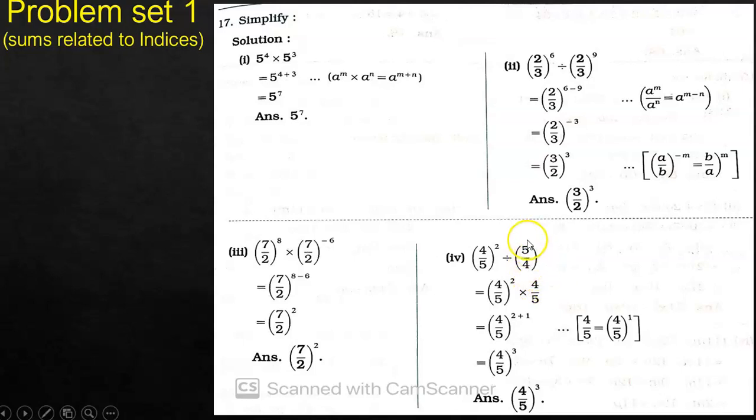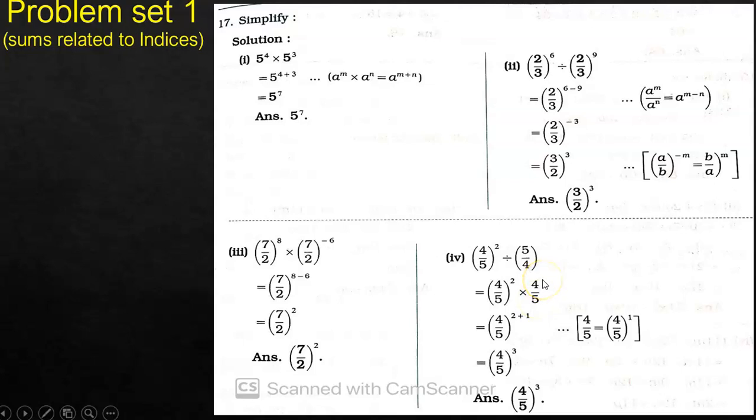When we inverse this, what we get is 5 upon 4 raised to minus 1, which is 4 upon 5. So that division becomes multiplication. So what I am left with is 4 upon 5 raised to 2 multiplied by 4 upon 5.